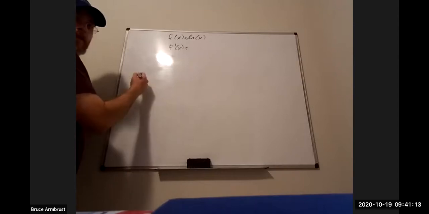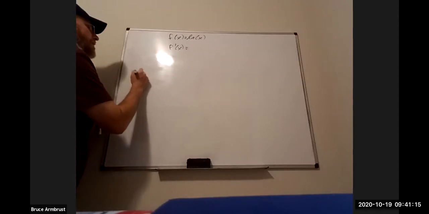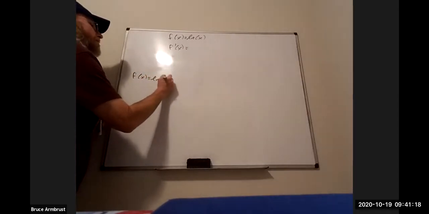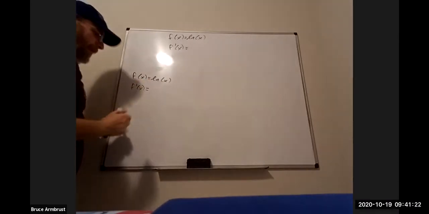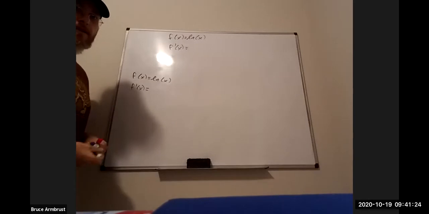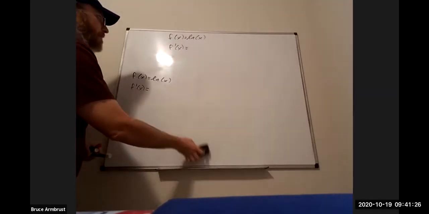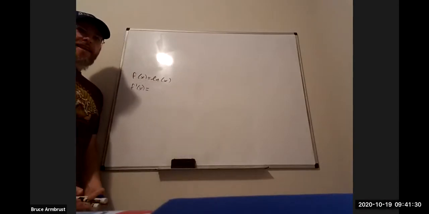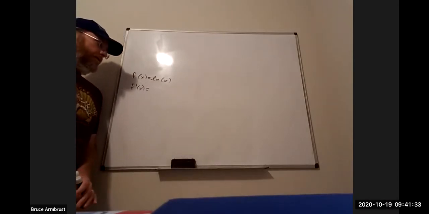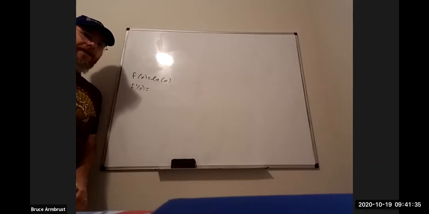All right. Actually, let me write it down here under the glare. So we're going to figure out what the derivative of natural log is. Now, to do this, we're going to use the fact that it's the inverse of e to the x.